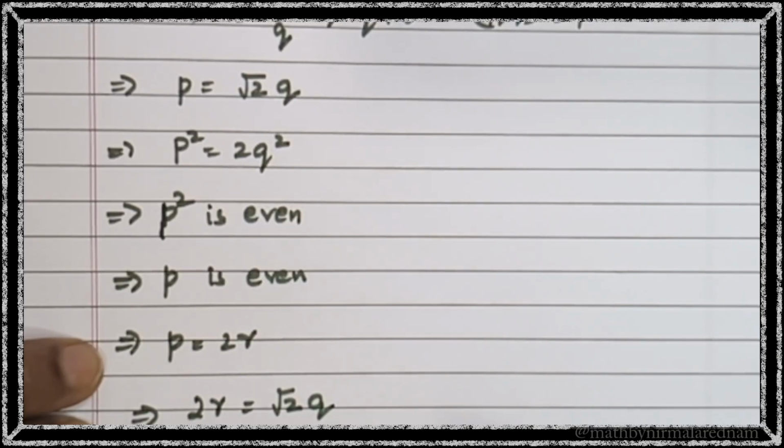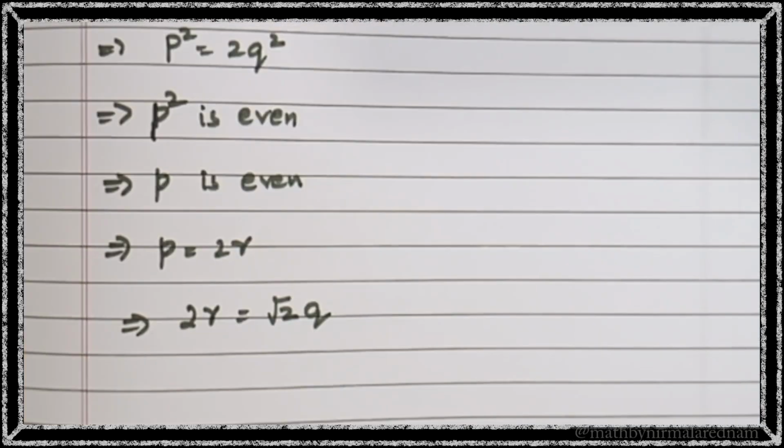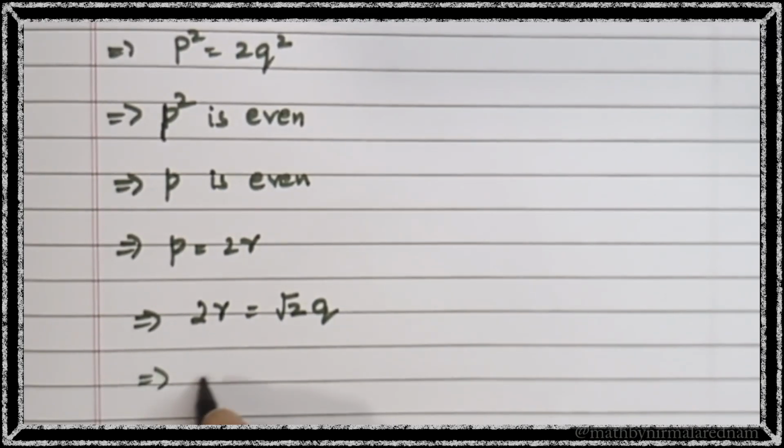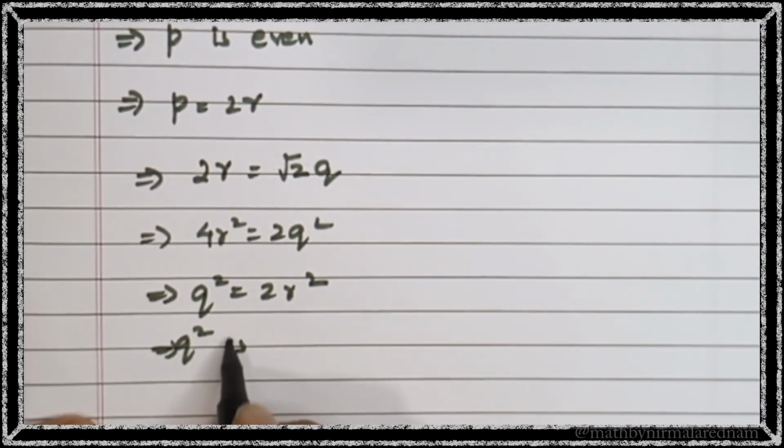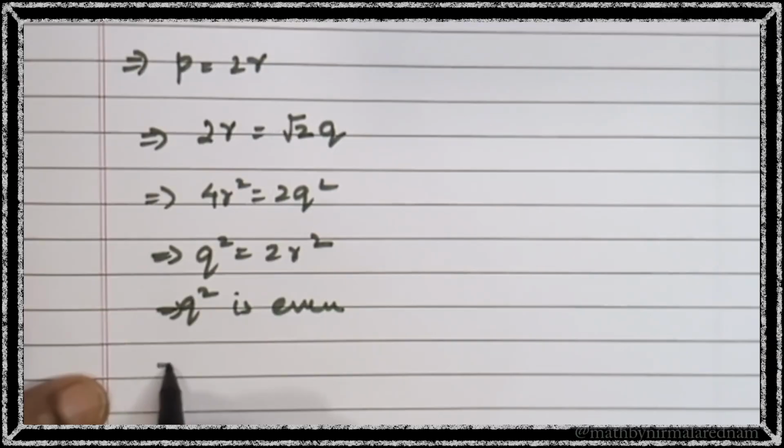Now again squaring on both sides, I have 4r square is equal to 2q square, which implies q square is equal to 2r square. Again by the same logic, q square is even, which implies q is even.